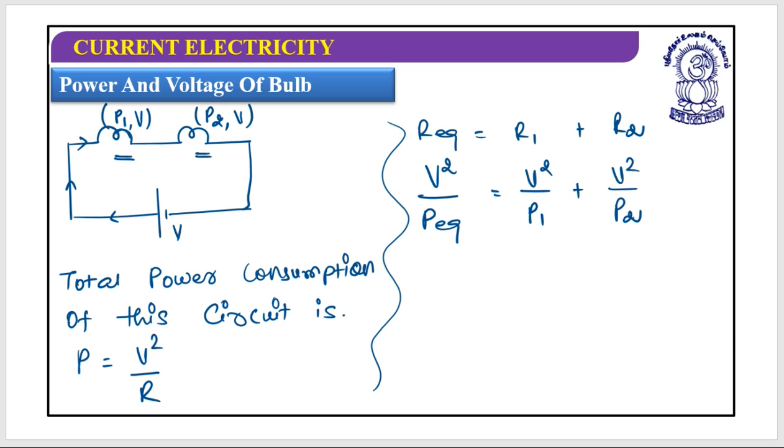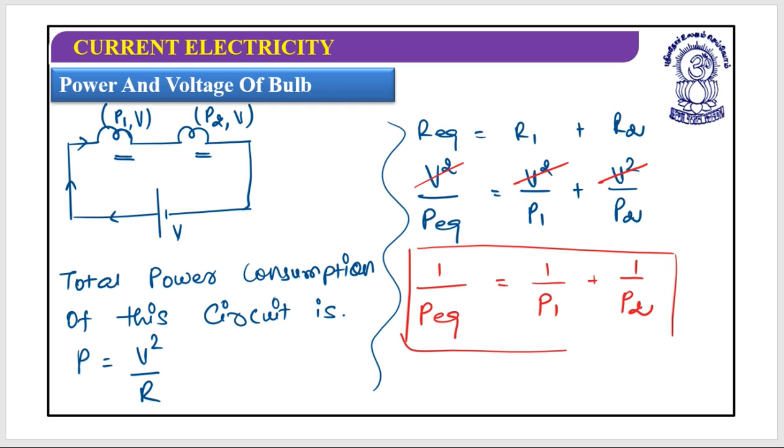I hope these things are clear. So V square goes away, and 1 by P equivalent can be written as 1 by P1 plus 1 by P2.